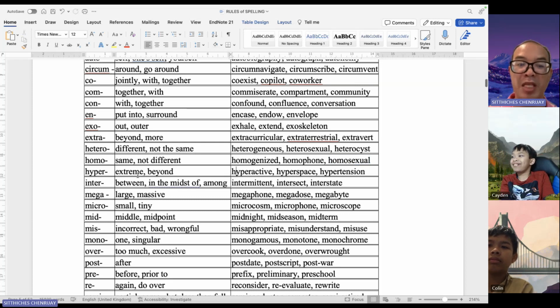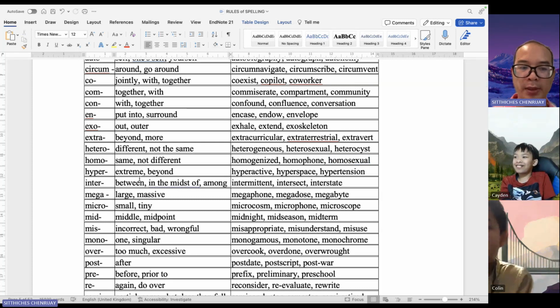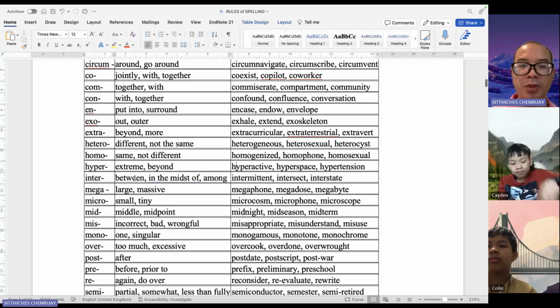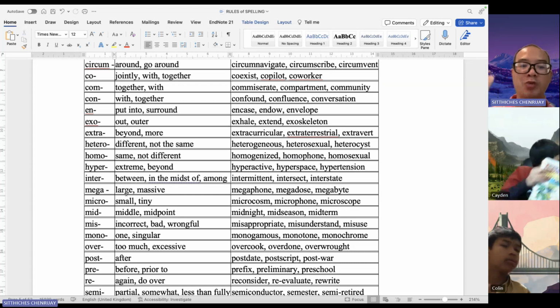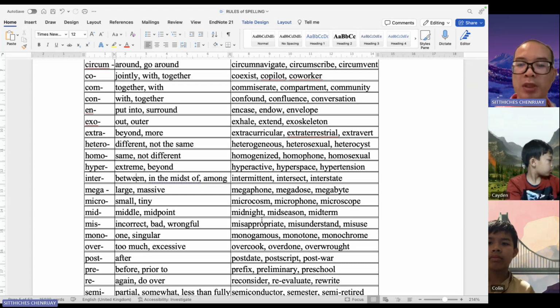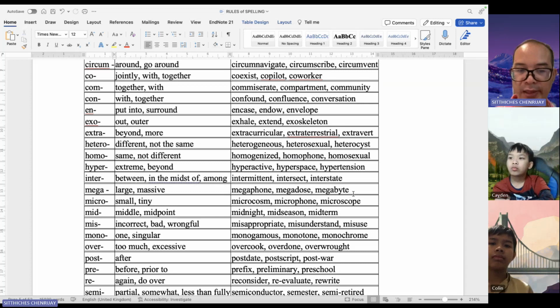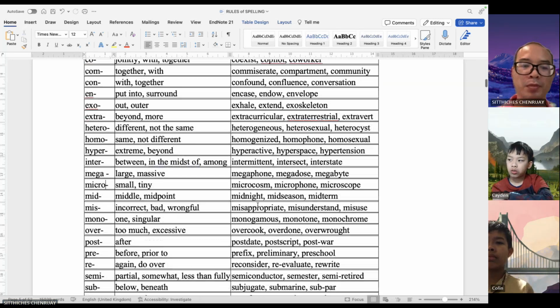This one, hyper means extreme or beyond. Then inter, between, in the midst of, among: intermittent, intersect, interstate. Mega means large, massive: megaphone, megadose, megabyte. Micro means small, teeny: microcosm, microphone, microscope.